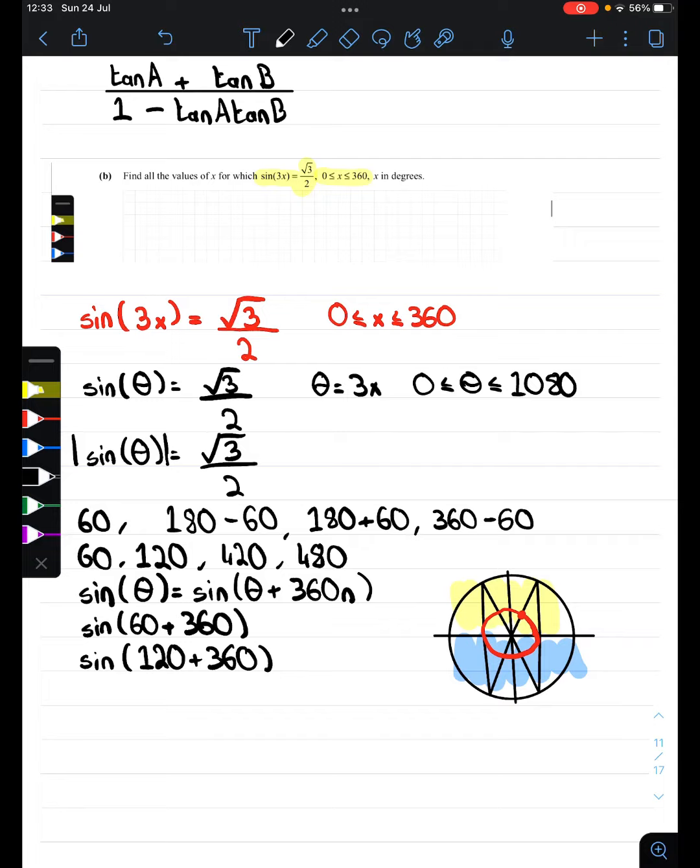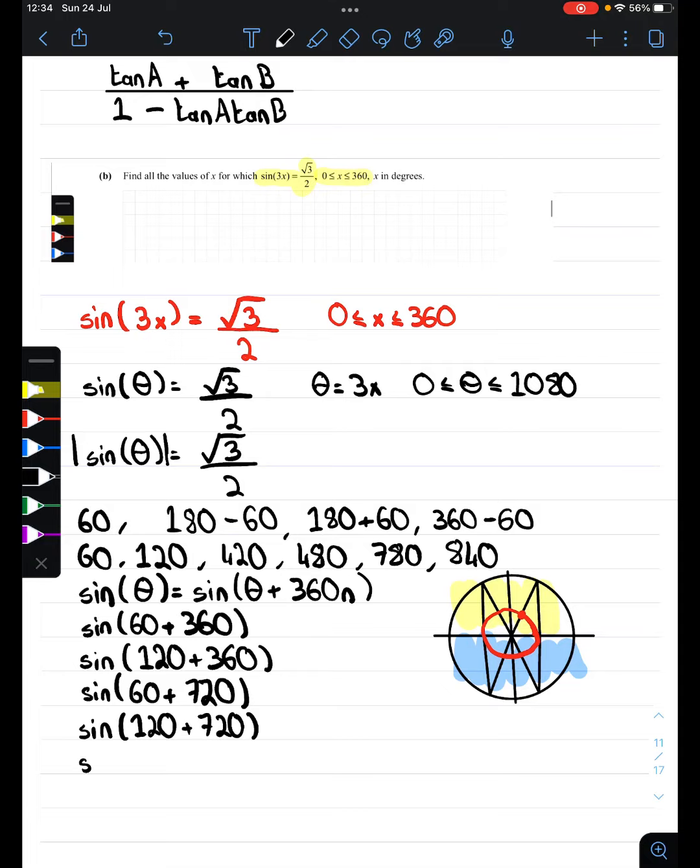And then again, add another 360 to 420. So 60 plus 2 times 360, 60 plus 720. If we go around in 2 loops, that will also work, and that will give us 780. And then 120 plus 720 will also work, and that gives us 840.